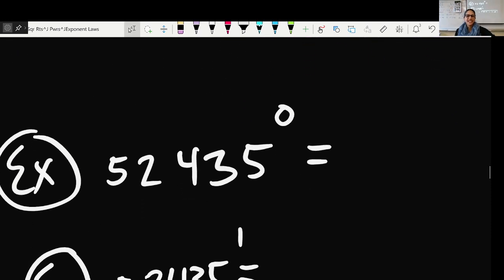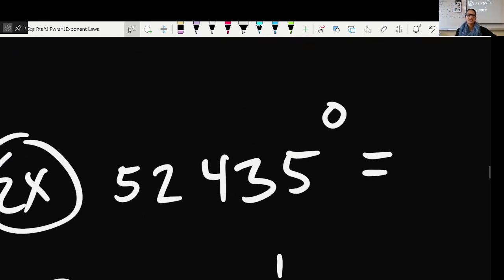Ooh, what's anything to the power of 0? Yeah, Mitchell? 1. Anything to the power of 0 is 1. Even if it's a massive, huge base like that, what is that number if we were to name that number? 52,435, right?